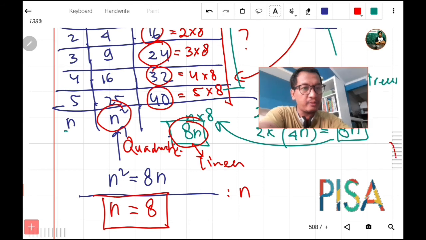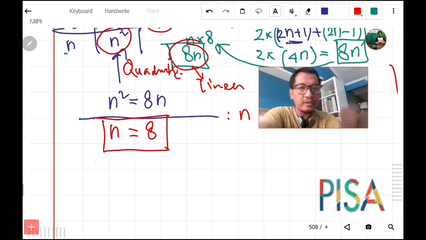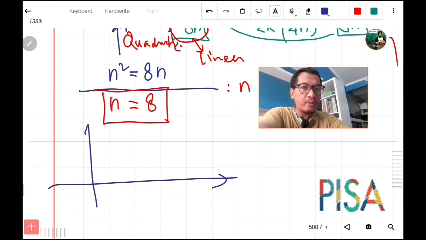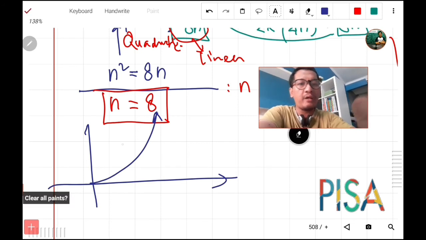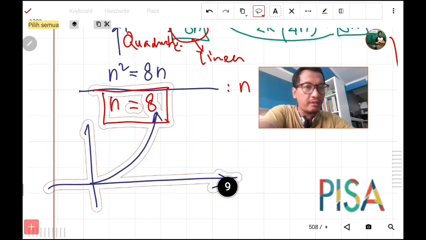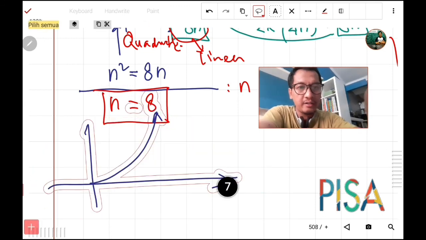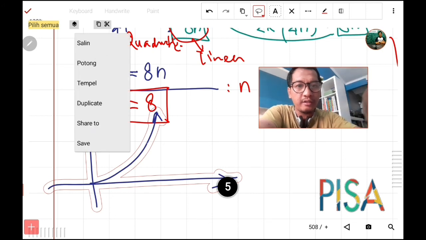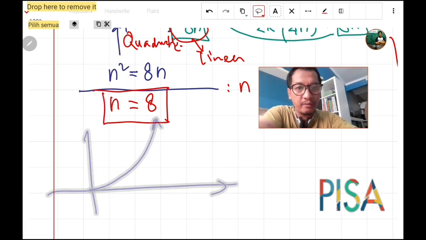When we draw the function graph, the quadratic function looks like this. Sorry, maybe I want to move this.